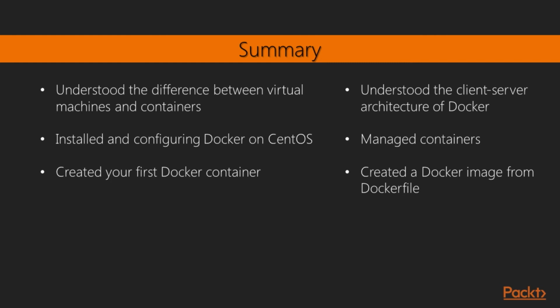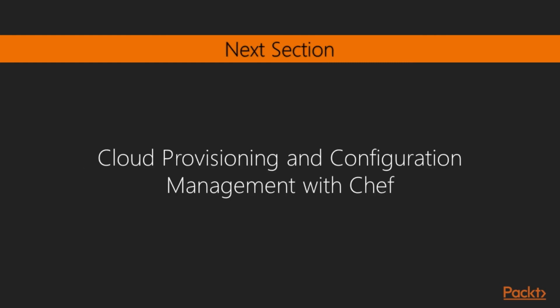So we used a Tomcat image and created a container from it for verification. To gain more understanding, we used a Docker file to build an image with Java and Tomcat. In the next section, we will see how to use Chef to create a virtual machine in Amazon Web Services and Microsoft Azure and set up a runtime environment.